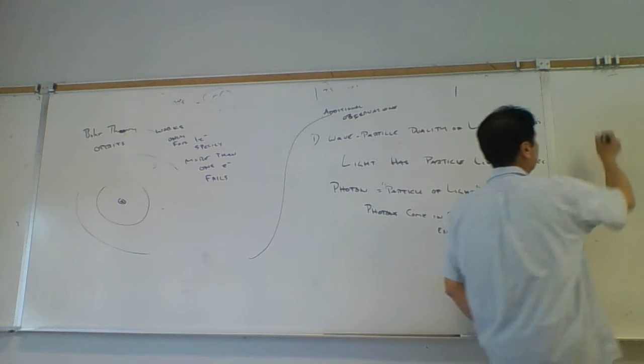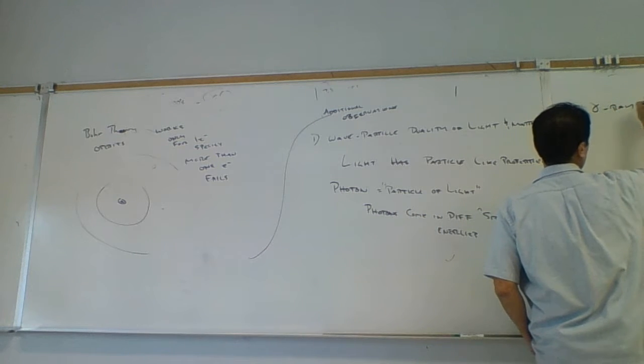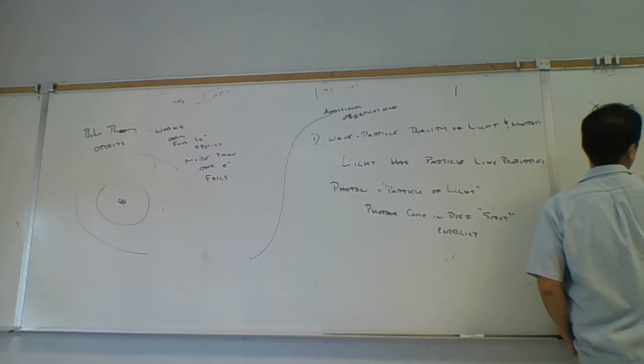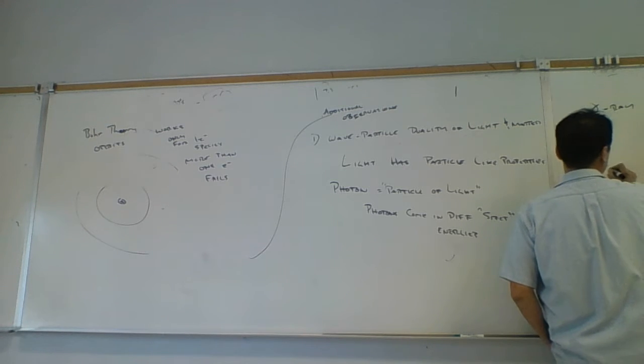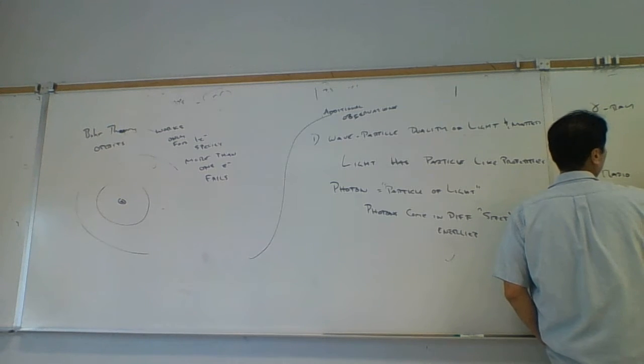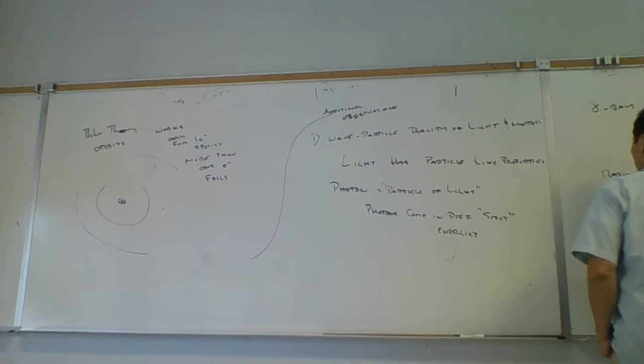If we're looking at a gamma ray photon, this is a high energy photon. Whereas if we're looking at a radio wave photon, this is a low energy photon.